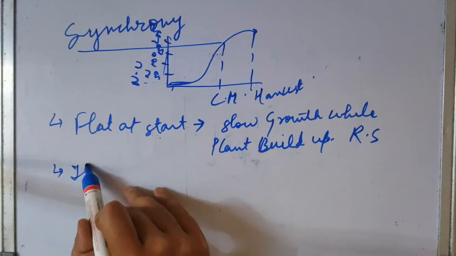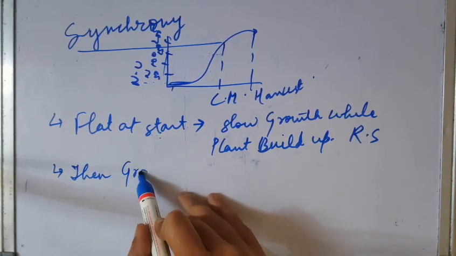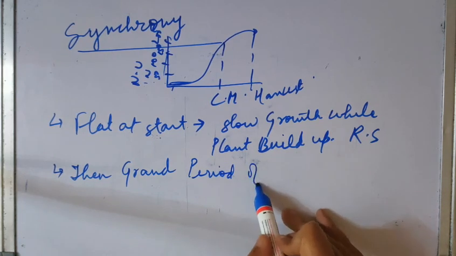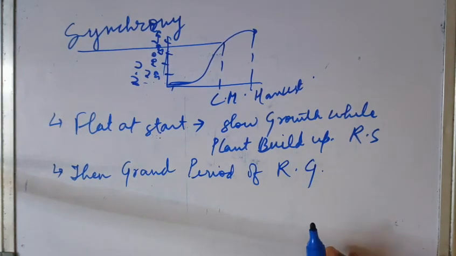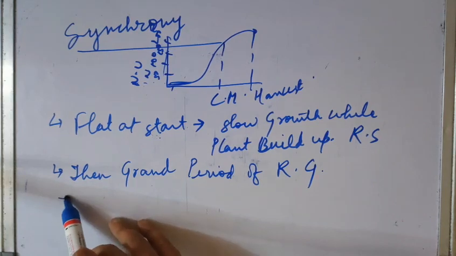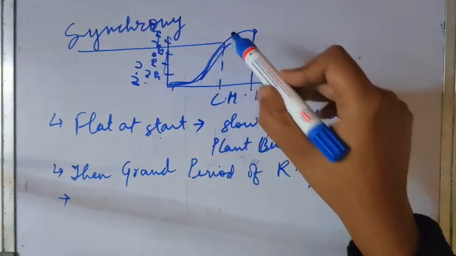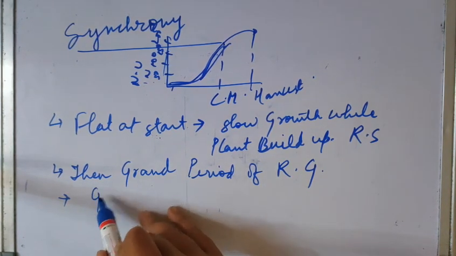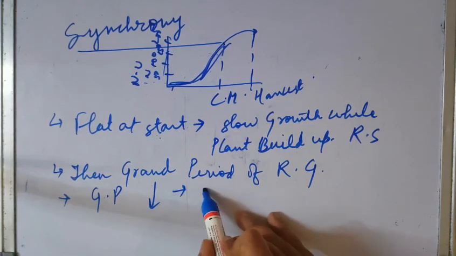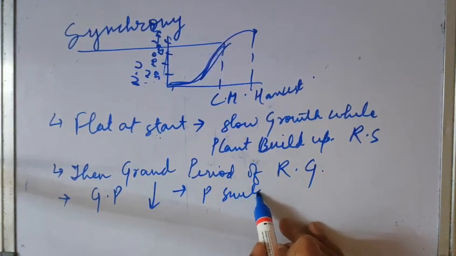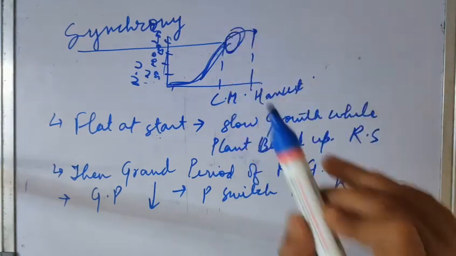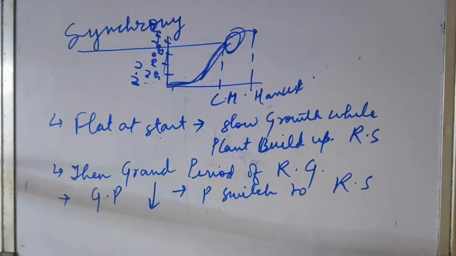Then there is the grand period of rapid growth. This grand period will slow down as the plant switches to the reproductive stage from the vegetative stage.